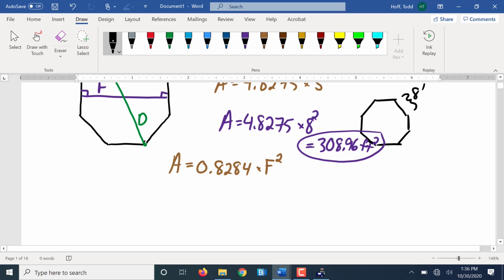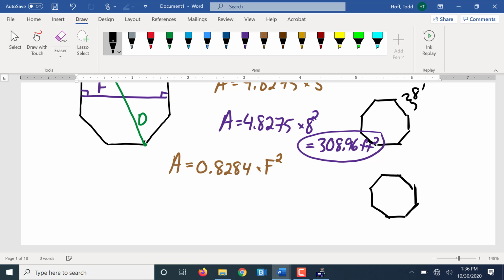So if we have a regular octagon, now we know that that flat distance across is 20 feet. That area is 0.8284 times 20 squared. What's that give us?